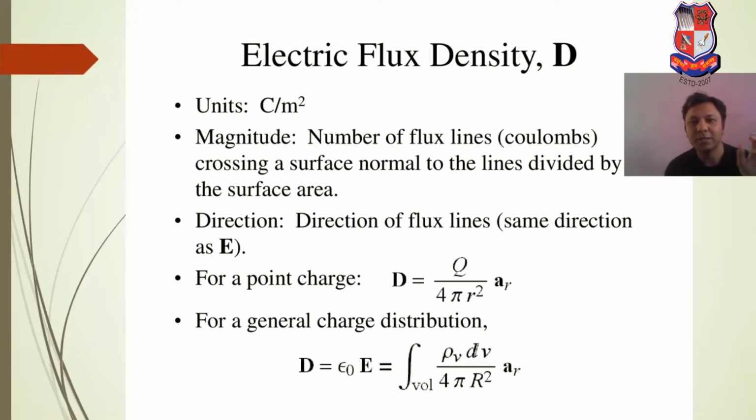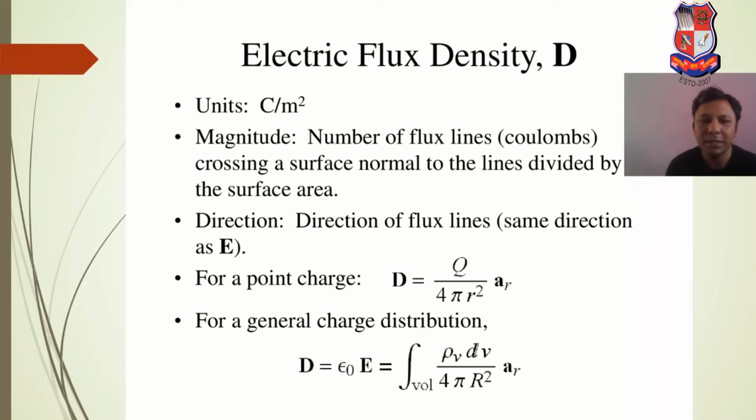So the charge per area divided by 4 pi r square. Look, magnitude, the number of lines of Coulomb crossing the surface normal divided by the surface area. So for the point charge, generally we can say that D equals Q into area divided by 4 pi r square.